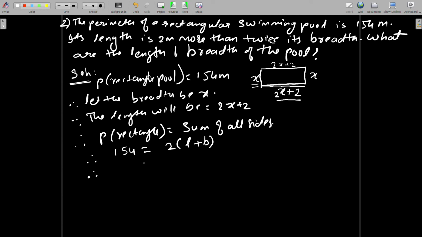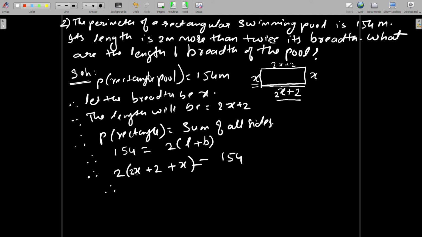So 2 into (what is the length? 2x plus 2, and the breadth is x) is equal to 154.